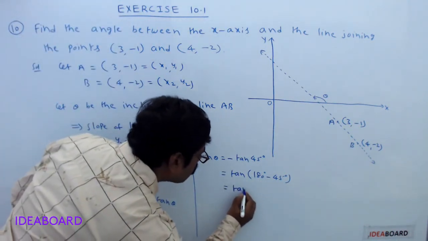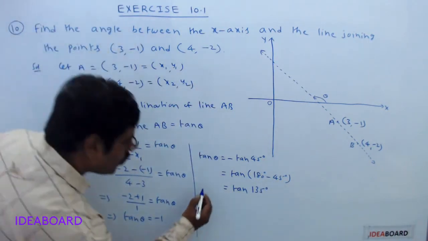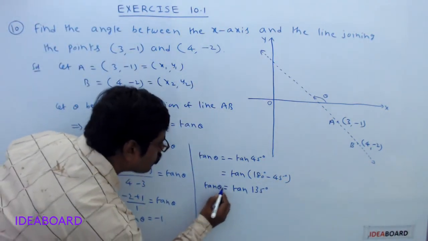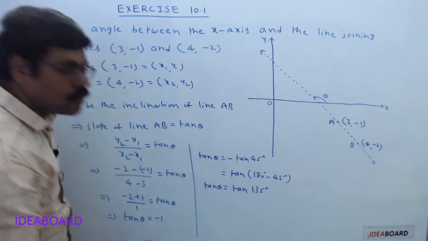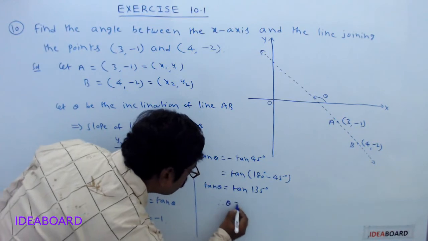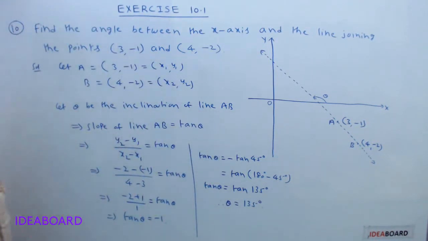So from this tan of 180 minus 45, that is 135. So tan theta equals tan 135. Eliminate tan function on both sides. Therefore theta equals 135 degrees.